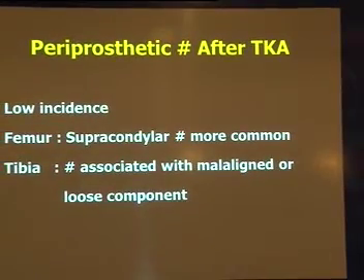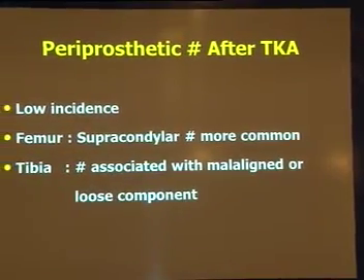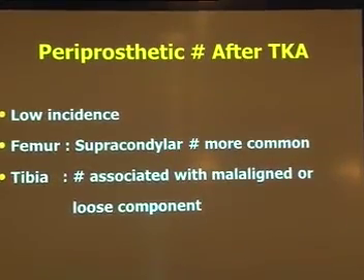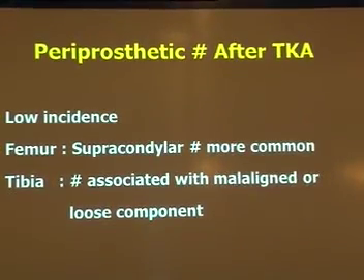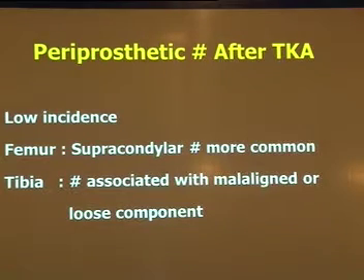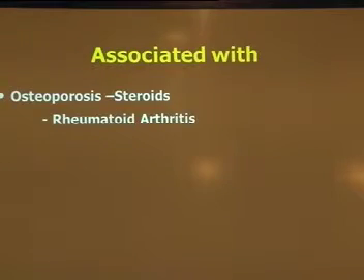So even otherwise, the incidence of periprosthetic fracture is rather low. The most common fractures that you see are in the femur, which is in the supracondylar region, and fractures around the tibia are usually associated with a malaligned or a loose component. These periprosthetic fractures are usually associated with patients who have osteoporosis, patients on steroids.